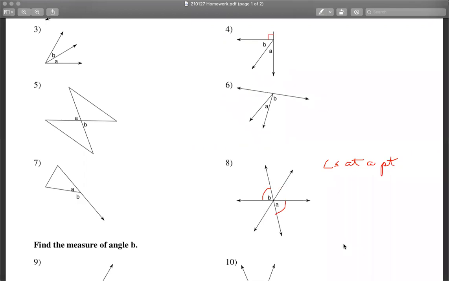You might have to look at it for a second, but what we really have is a situation where we're looking at vertical angles. We just have this line and this line. I could ignore the other one there, and they intersect. The opposite sides of the intersection are angles B and A. So here I could say the measure of angle A equals the measure of angle B.